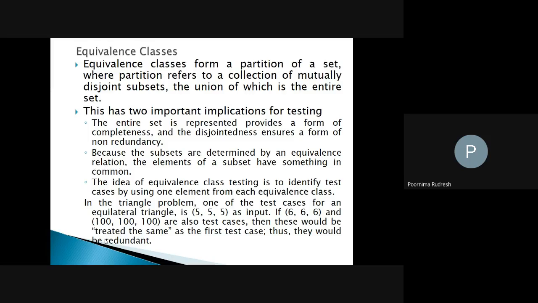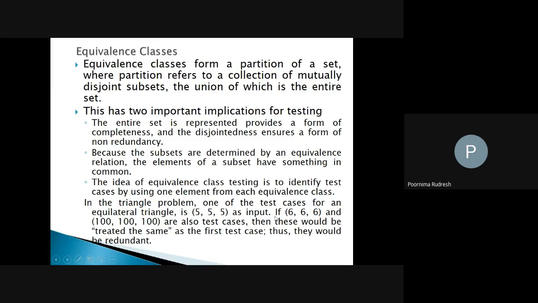Okay. So here, 5, 5, 5 or 6, 6, 6 or 100, 100, 100, these are all different test cases that we constructed in boundary value analysis. See, here the redundancy occurs because all three are examples of an equilateral triangle.